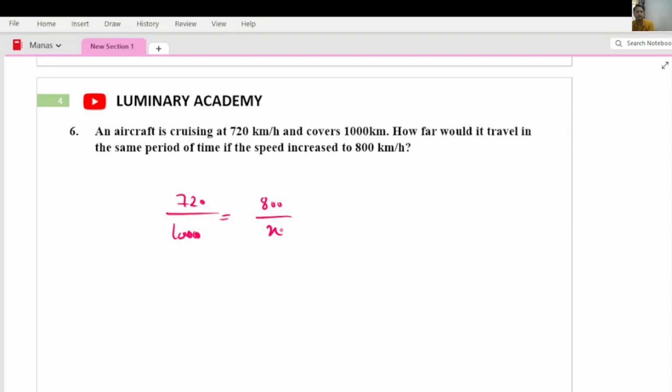Let the kilometers he travels be x, right? Now make x the subject. So 800,000 will be the numerator and 720 the denominator. So x is equal to 800 into 1000 upon 720, right?